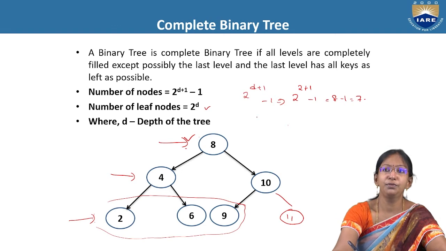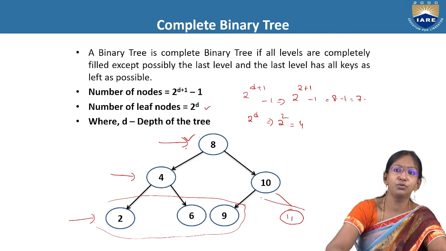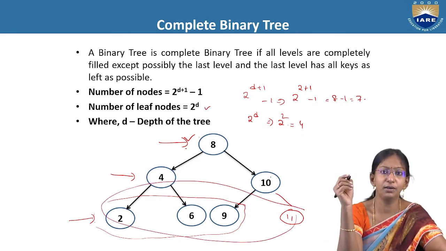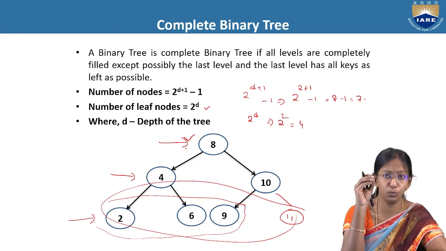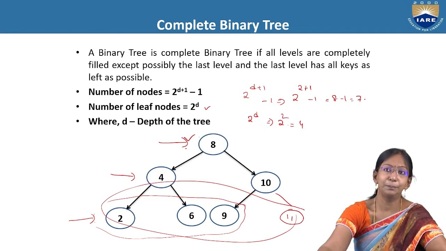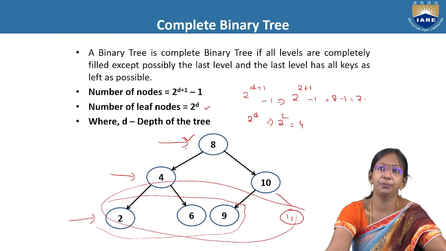So the number of leaf nodes is 2 to the power of d, which is 2 square, 4. How many leaf nodes do you have? 4. Satisfied or not? Both the formulas, the number of total nodes and the number of leaf nodes, depend upon the depth of the tree. Okay, this is about complete binary tree.